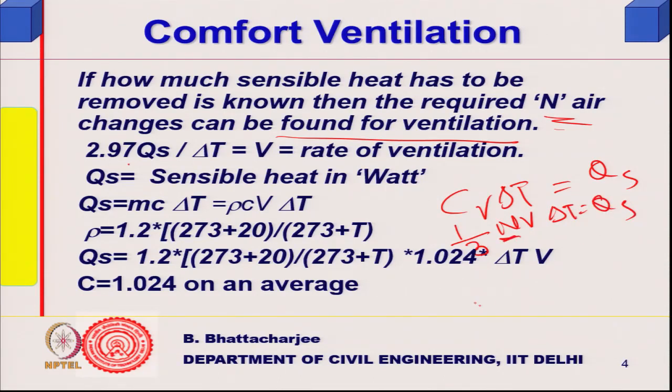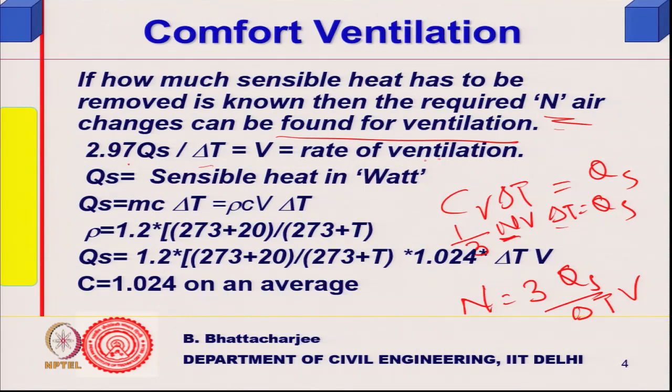I want to find out N, the number of air changes, that will be simply 3 QS divided by delta T. The volume of the room should have come in here; together with delta T it should be volume.